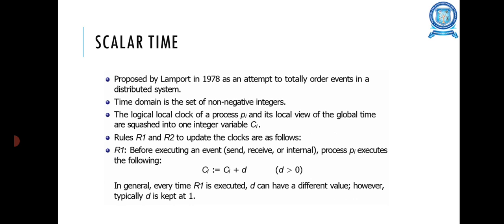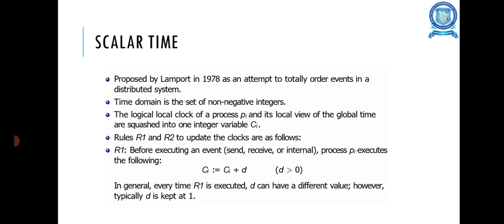The time domain is the set of non-negative integers. The local clock of a process Pi and its local view of the global time are squashed into one integer variable Ci. The rules R1 and R2 to update the clocks are as follows.